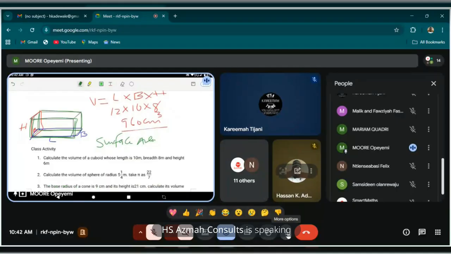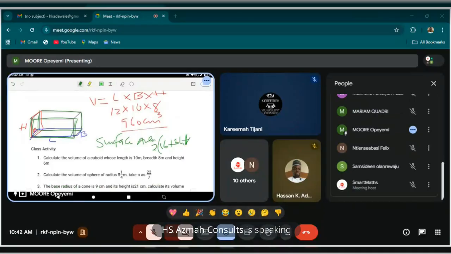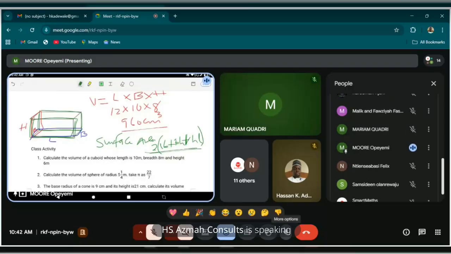So that is going to be 2 open bracket, the length times breadth plus base times height, BH, plus which other one again? HL. HL. Thank you very much. That shows that you are following. This is going to give us the surface area of cuboid.